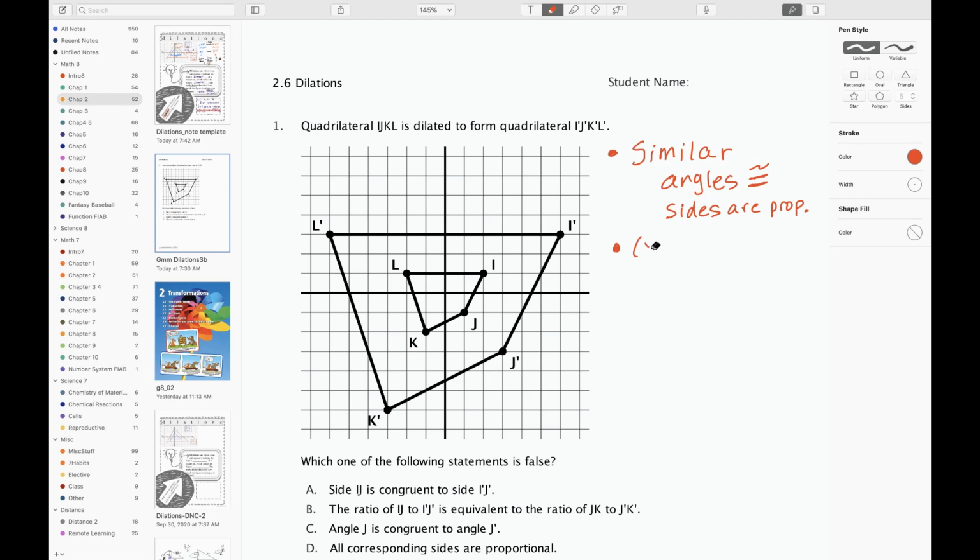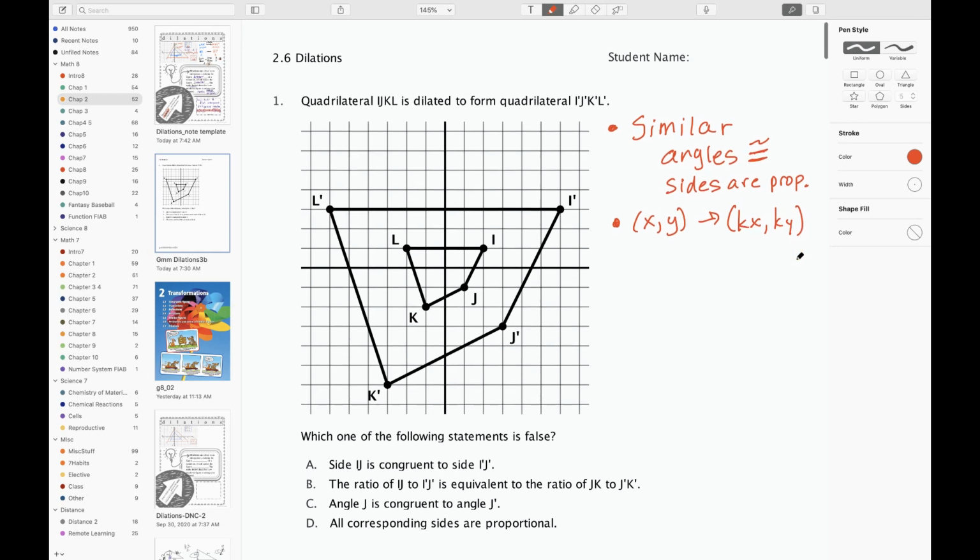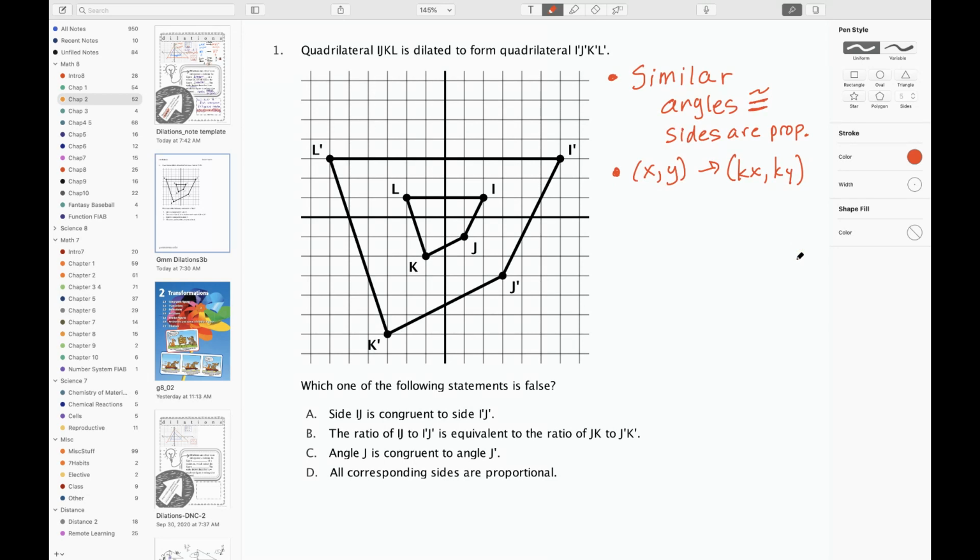The image xy would map to kx, ky, and so that is what the new thing will be. And then if anything else comes up, we'll add that. All right, so we can identify, because that's prime, that this larger one is the image.